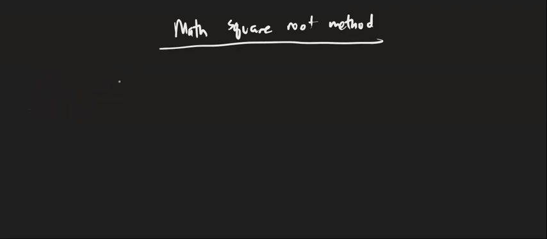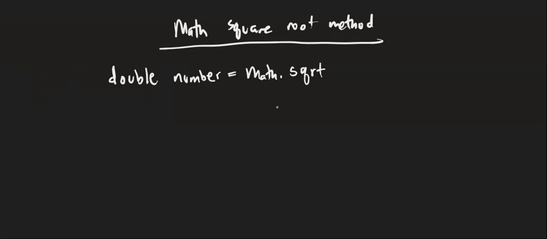Okay, let's go over an example real quick. So if I have double, and then I can do, let's see, number equals math dot, the key word here, the method's name is sqrt.